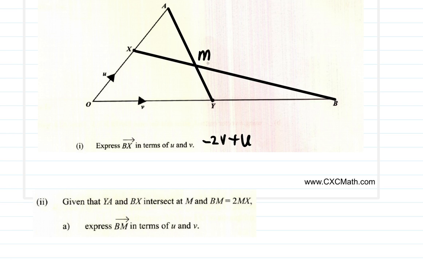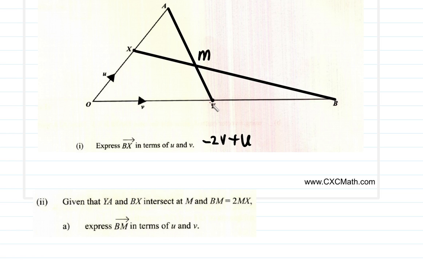Now BX is equal to 3 times MX, or BM is 2 times MX. It doesn't look like it, but remember, the diagrams are not drawn to scale unless stated otherwise.